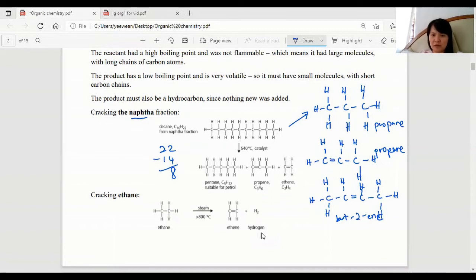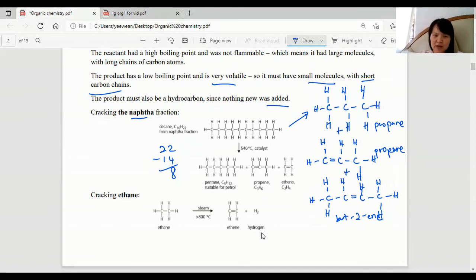So smaller molecules means, of course, they're lighter with less electrons, so they have weaker intermolecular forces. They're going to be more volatile or more easily vaporized. So the products are more volatile, smaller, and has shorter carbon chains. Nothing is added, so there's nothing new. It just needs the balance. If you have 10 carbons to begin with, you must have 10 carbons total in your products, right? You have these 3 products here, or these 3 products here.